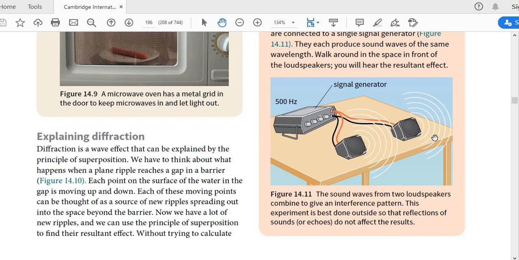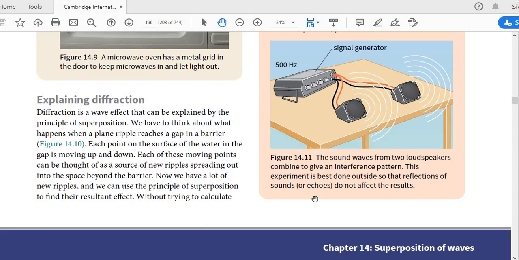And if crest and crest or trough and trough meet, then the amplitude doubles. The displacement will be maximum and it will double, right? So you will get a loud sound. So there will be areas of destructive interference, where crest and trough meet, and constructive interference where trough and trough or crest and crest meet. Okay, so we will see this in detail with some diagrams afterwards.